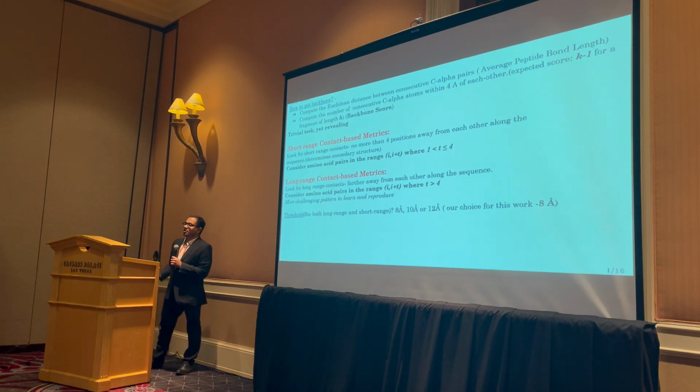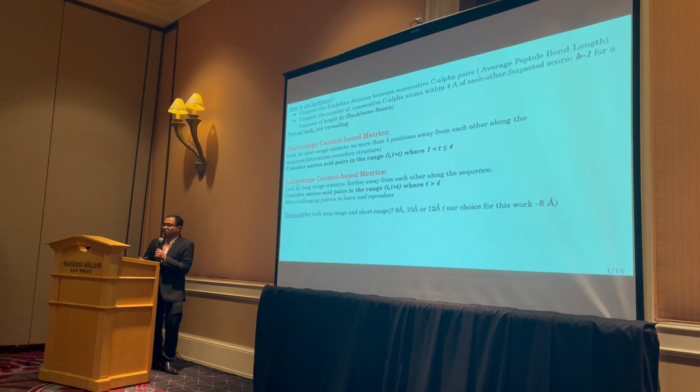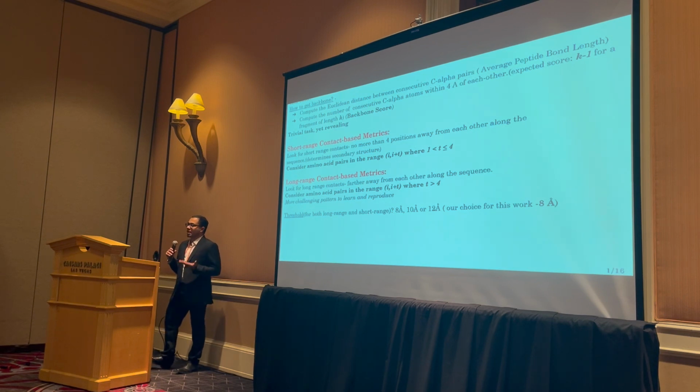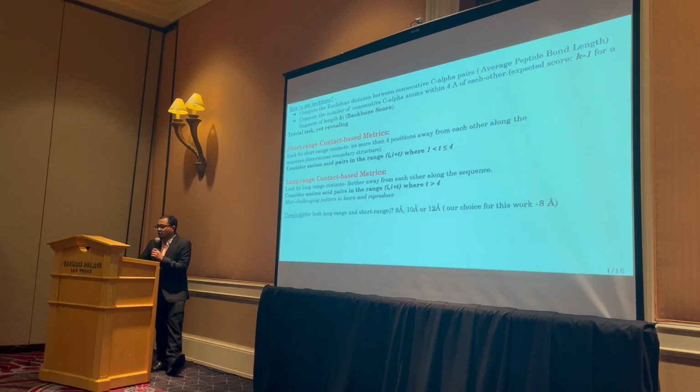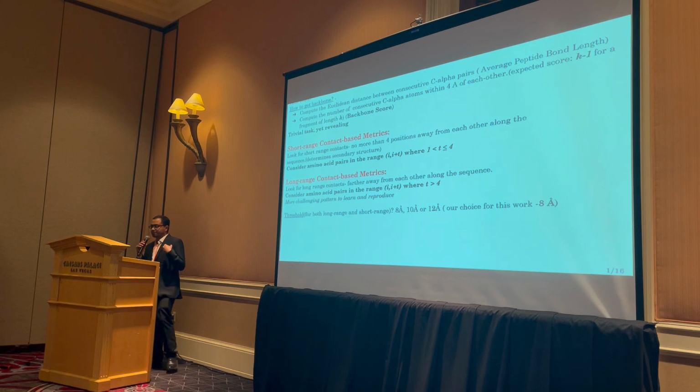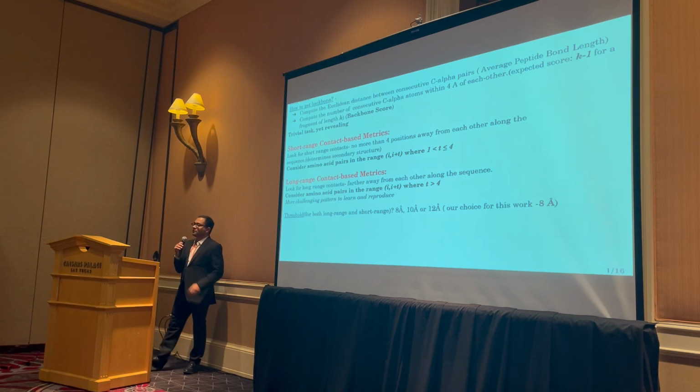So at first we have the backbone-based metric. Now, in a protein structure, the backbone places consecutive C-alpha pairs at a distance of almost 4 angstroms. To get the backbone score from a particular protein fragment, we can simply compute the Euclidean distance between consecutive C-alpha atom pairs, and then count the total number of C-alpha pairs that are within 4 angstroms of each other.